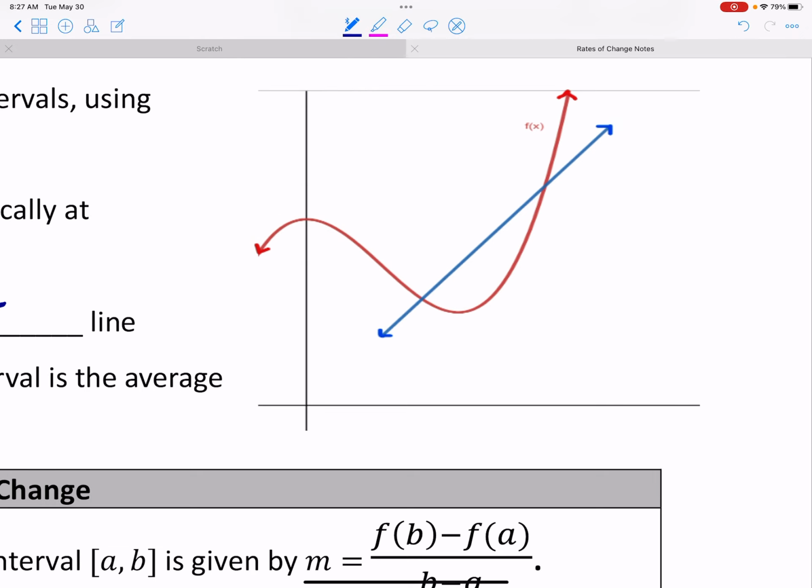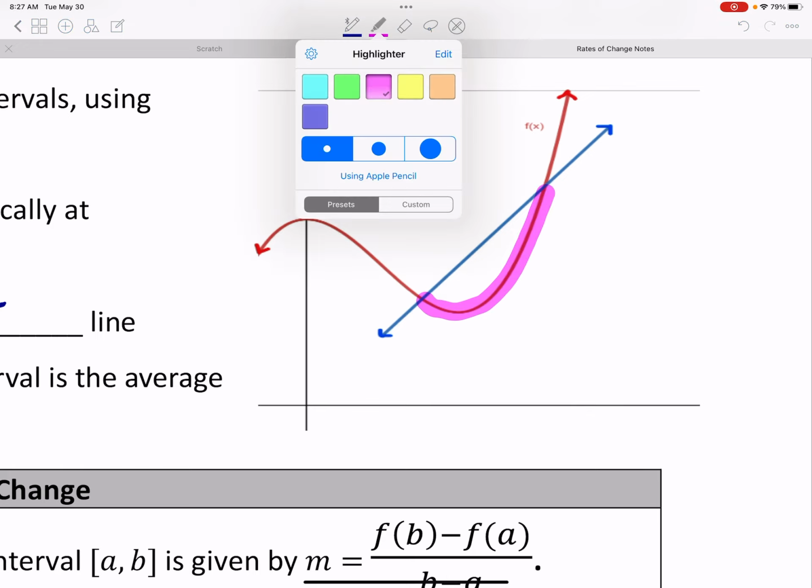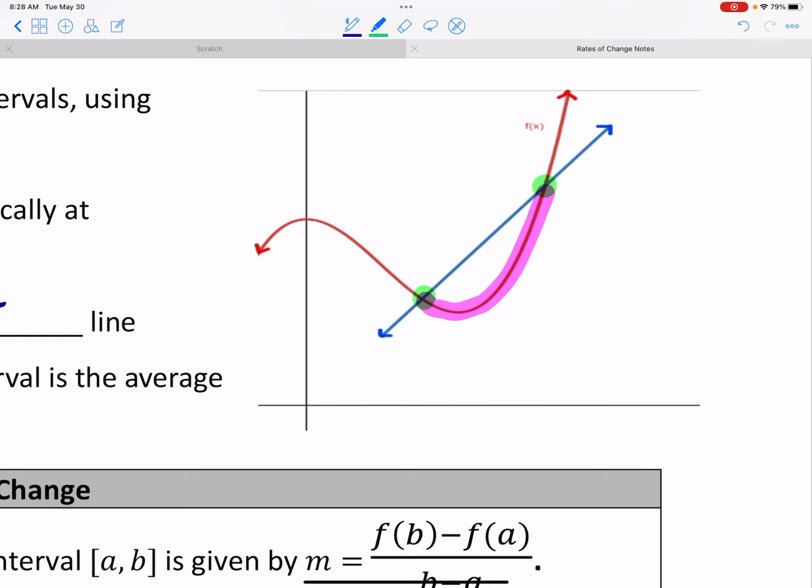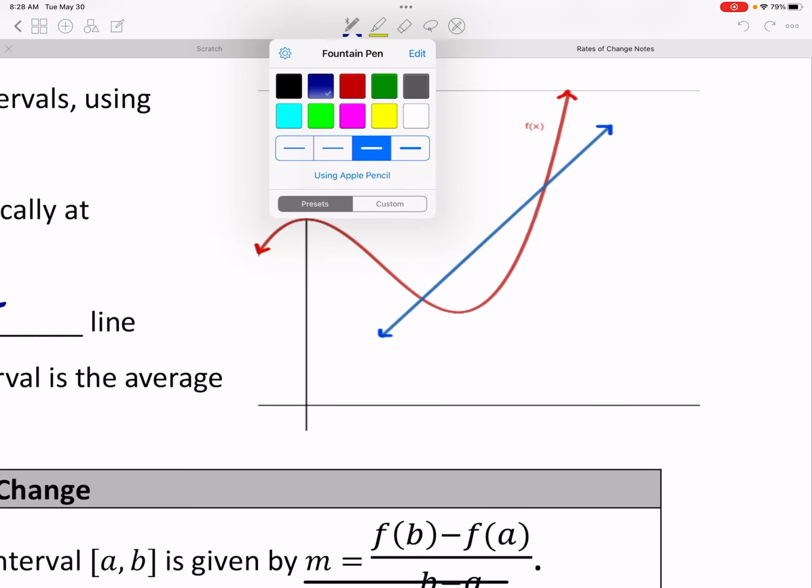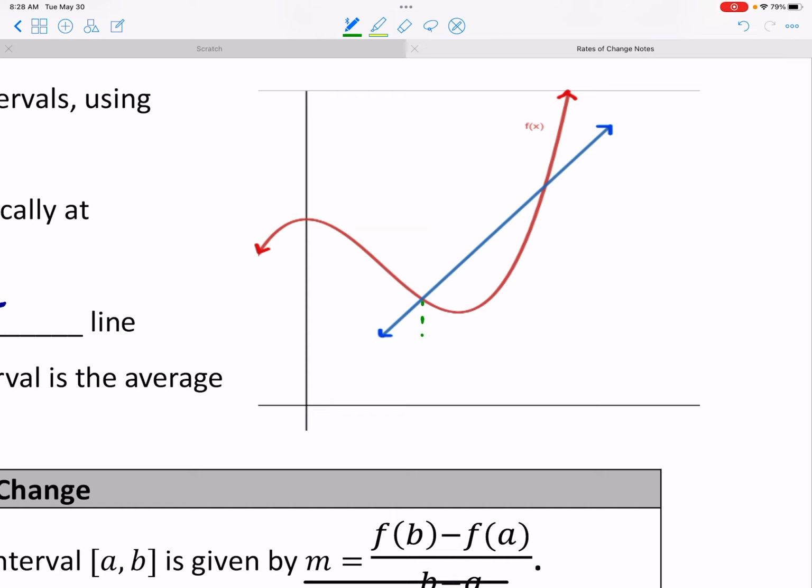If I wanted to approximate the slope of this piece of the curve on this interval that starts here and stops here, I'm going to use this secant line to approximate that slope. Okay? So here's how this looks. Let's say that this point right here has an x value of, let's just call it a.